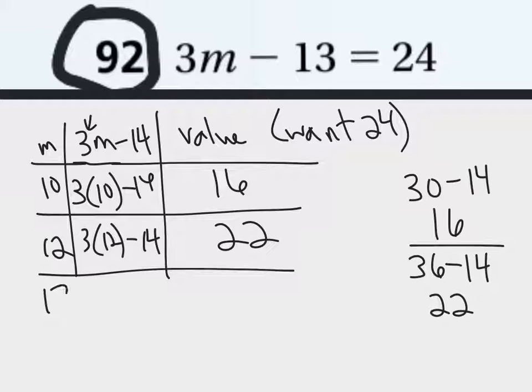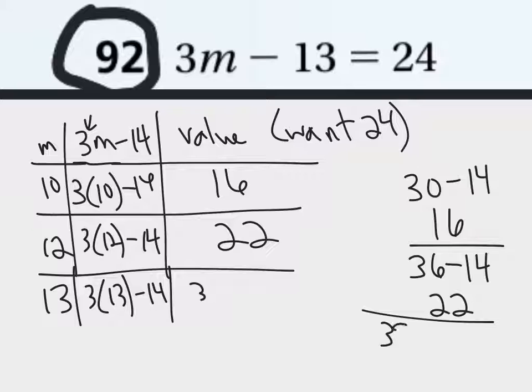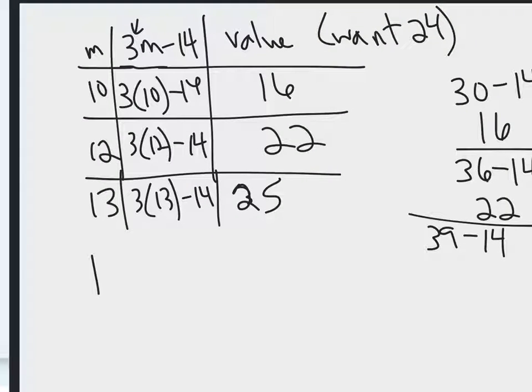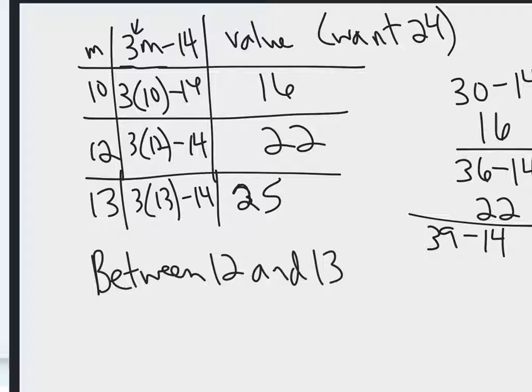And then if we go up one more, that'd be 39 minus 14, which is 25. So we can see it's right in between there. So we could say it's between 12 and 13. It's going to be a little bit closer to 13 here, but it would be in between those two numbers.